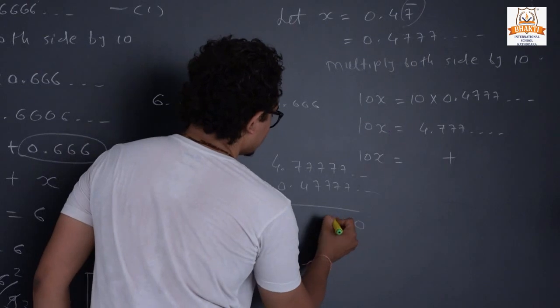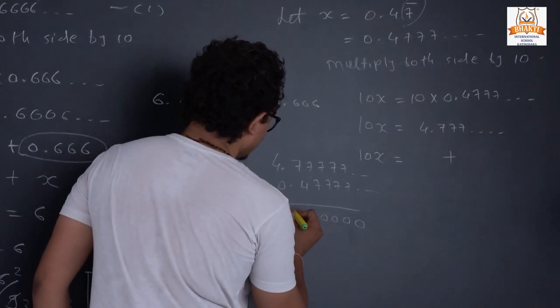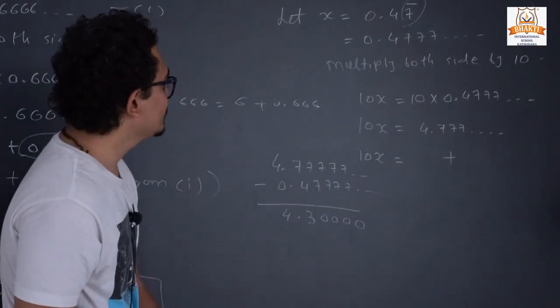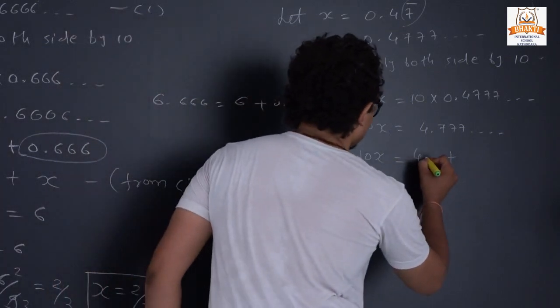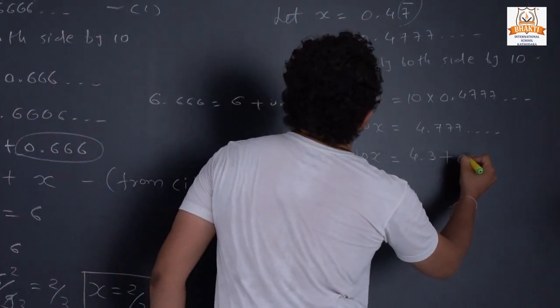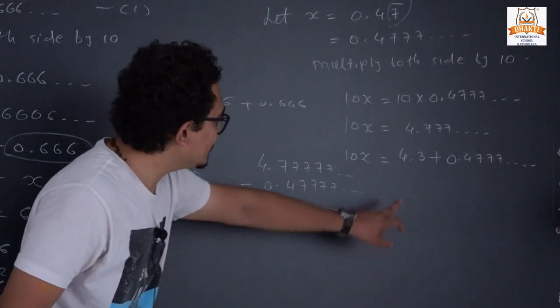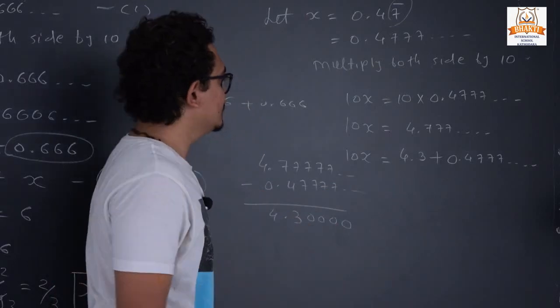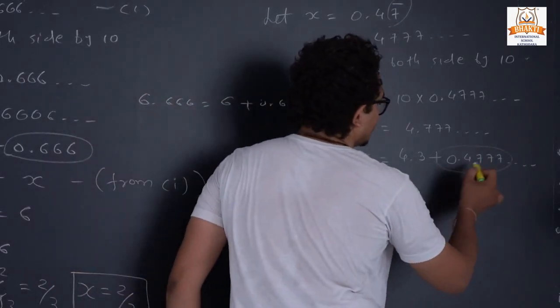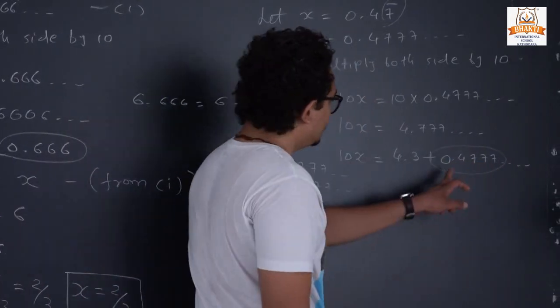So we get 0.0003, so 4.3. Here we can write 4.3 plus 0.477. Why can we write it like that? Because we need that value, which we can replace.